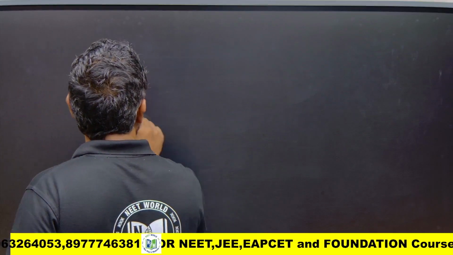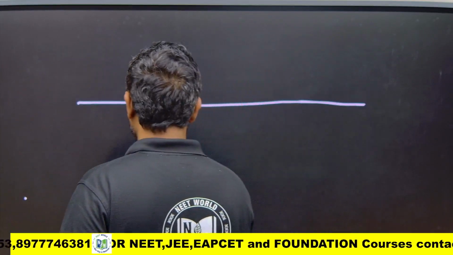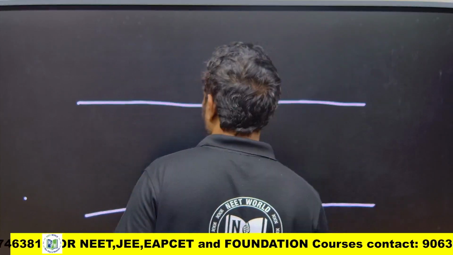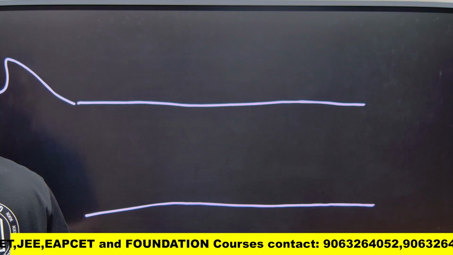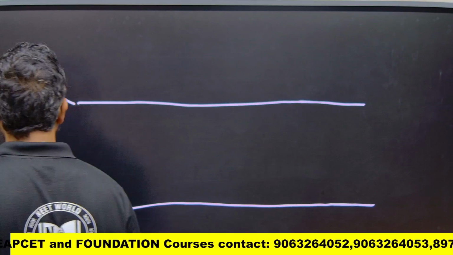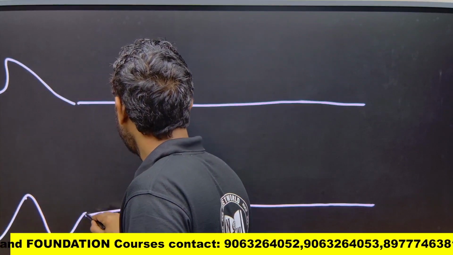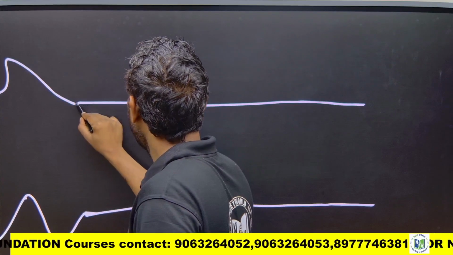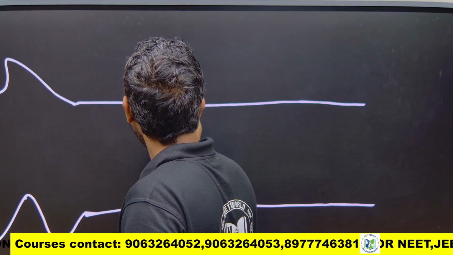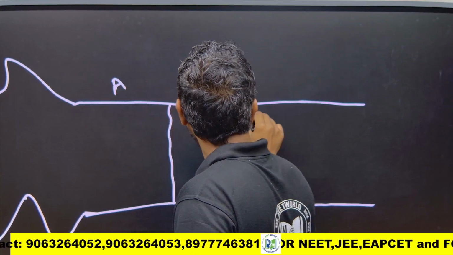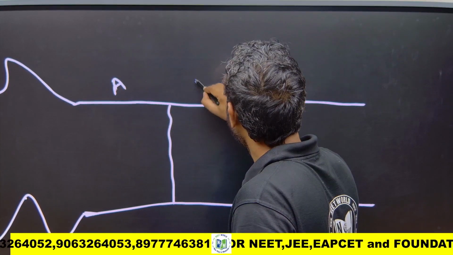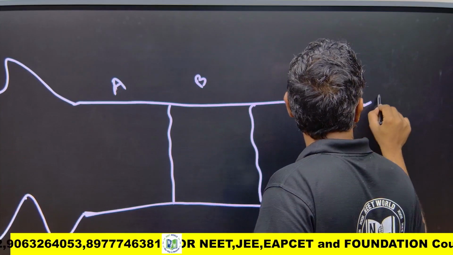This is the axon, the cell body, the membrane, A segment, B segment and C segment.